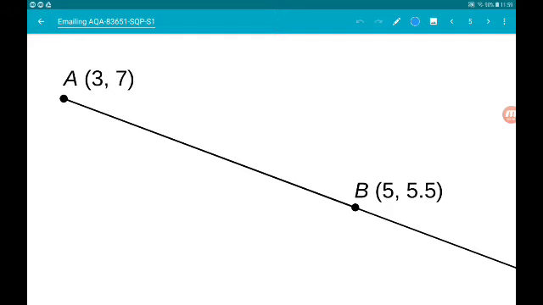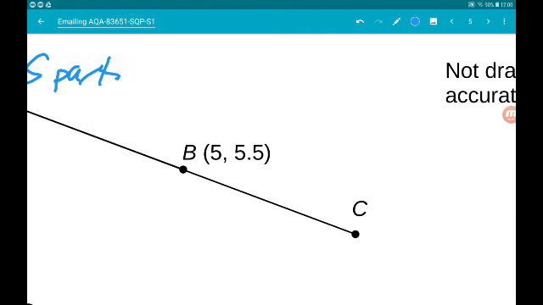So altogether, this line is in 7 equal parts. Now, AB is 5 parts. BC is 2 parts.